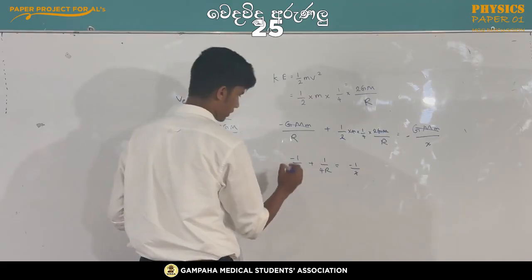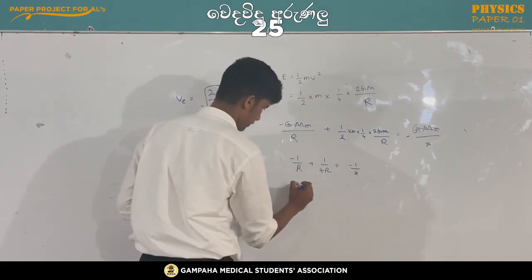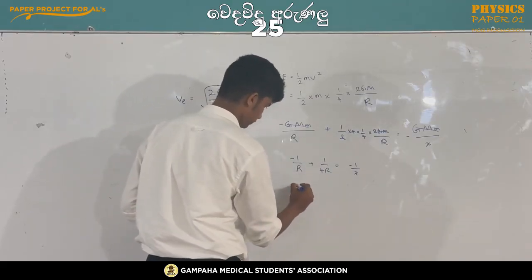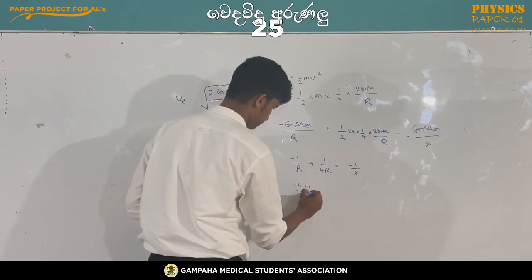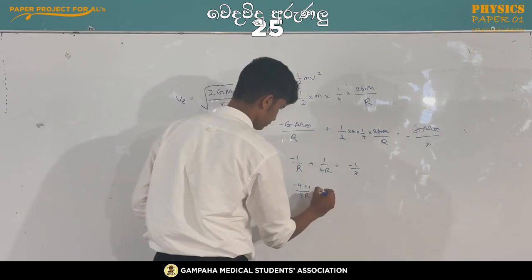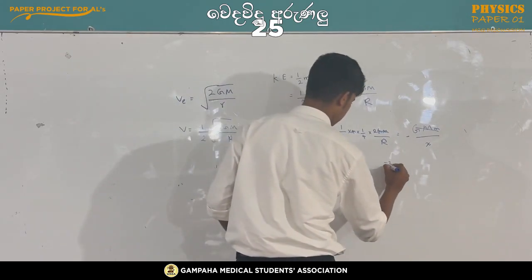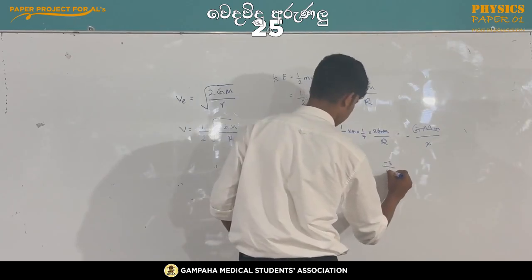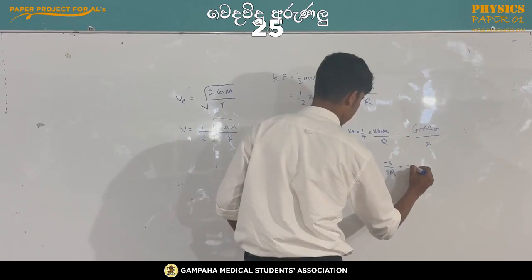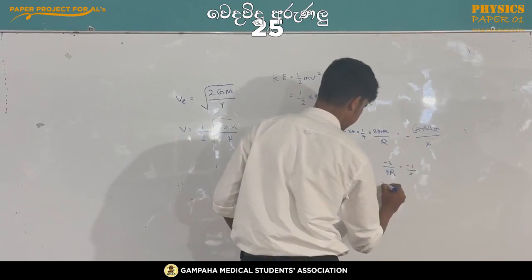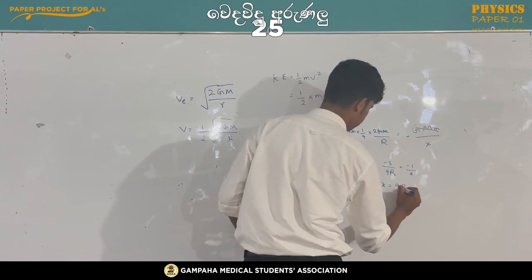Once you multiply this, you get the answer: x is equal to 4R over 3.